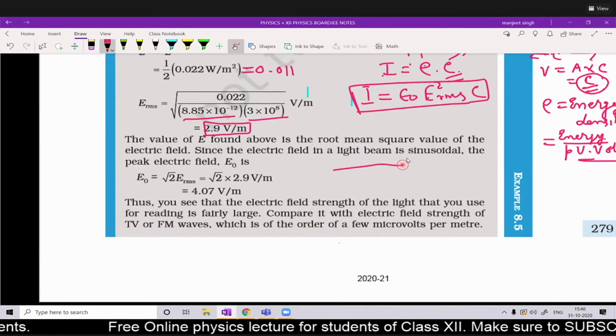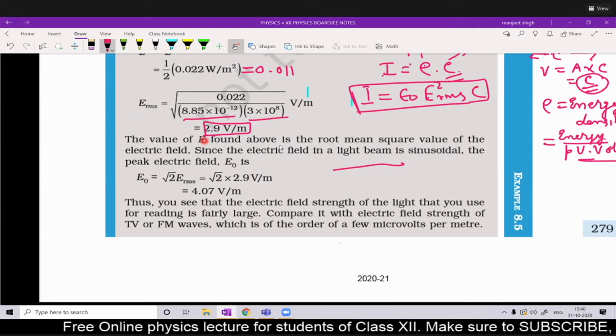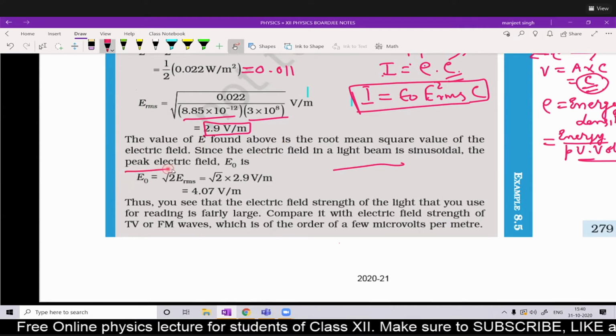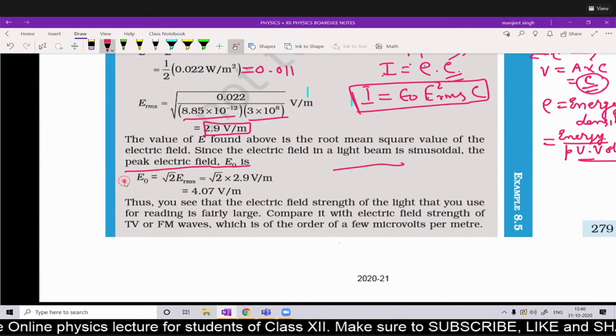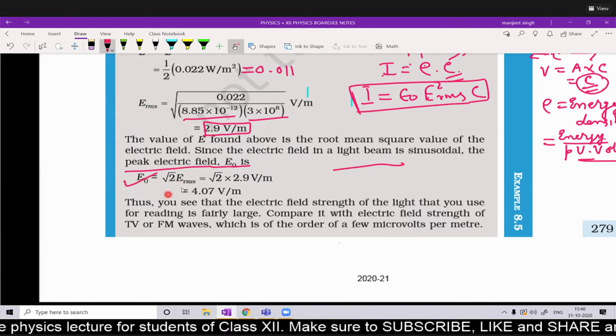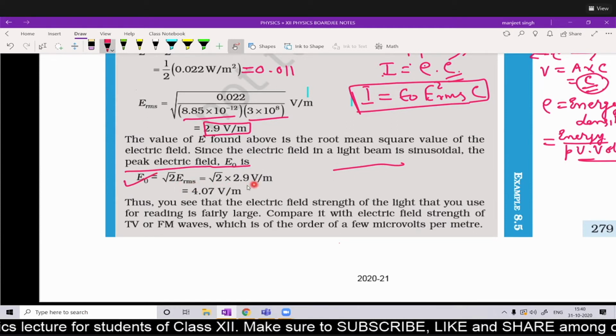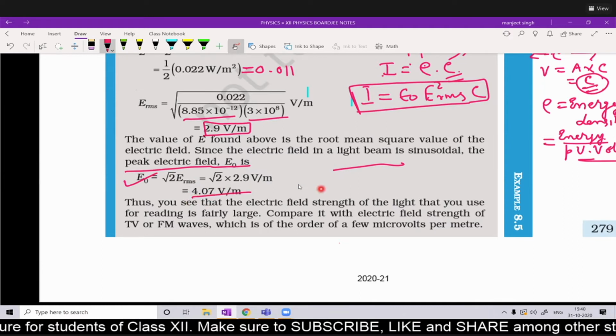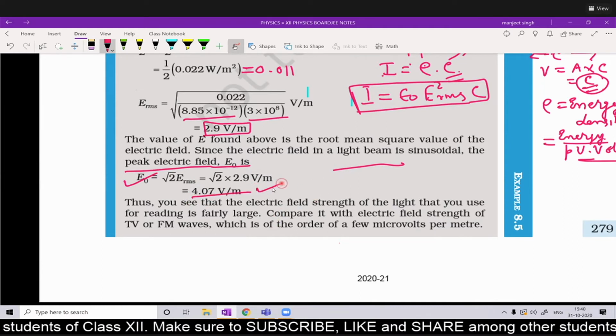Now we have calculated the ERMS value, and we have to calculate the peak electric field. The peak electric field is root 2 times ERMS, so root 2 into 2.9 volt per meter means 4.07 volt per meter is the answer.